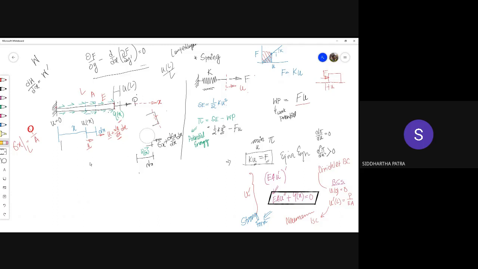Okay, where we don't have to draw this free body diagram. What is the purpose of free body diagram? Writing an equilibrium equation. Let's say we don't have to do that. Now we already know the expression for the strain, and now I'm dropping the suffix x, okay, because there is only one component of strain here. So epsilon being u prime, okay.